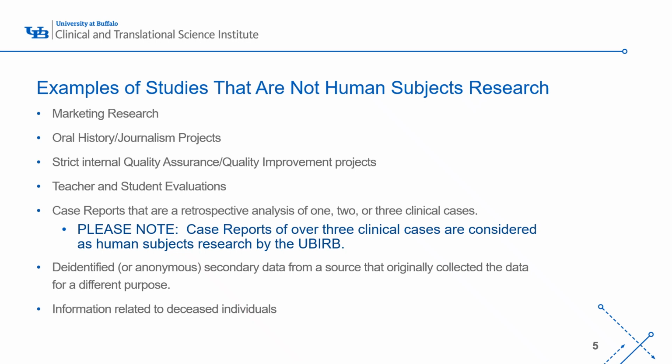Please note that case reports of over 3 clinical cases are considered to be human subjects research by the UB-IRB. We do have guidance available about case reports specifically located in our CLIC library.